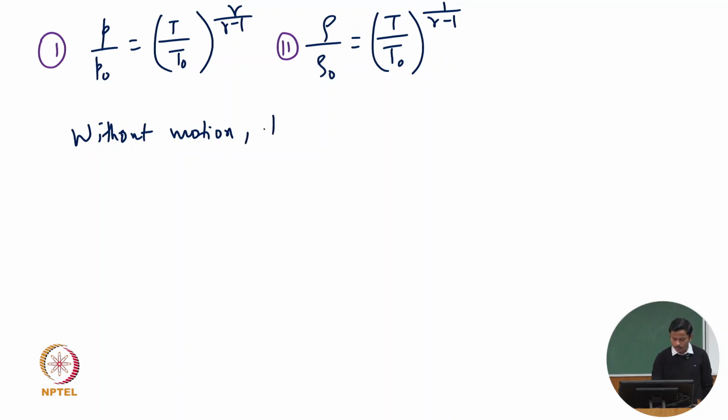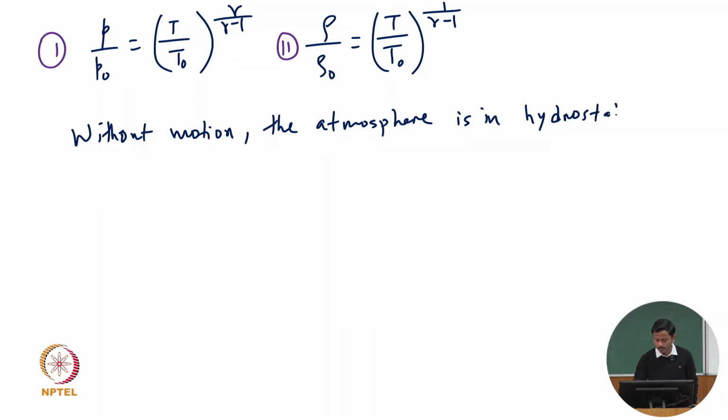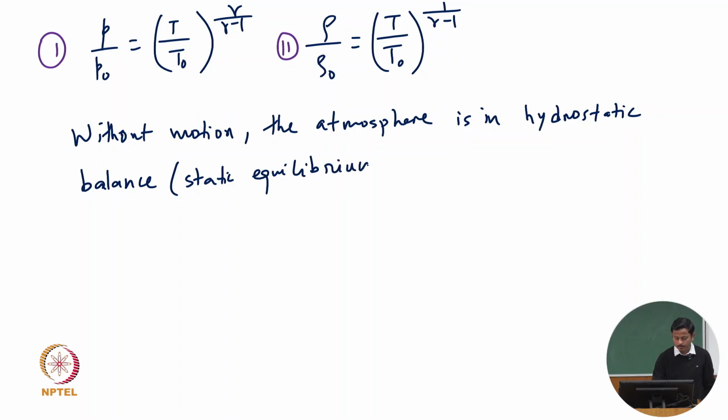So without motion, the atmosphere is in hydrostatic balance, or static equilibrium in this case. So hydrostatic balance is dP by dZ equal to minus rho g.